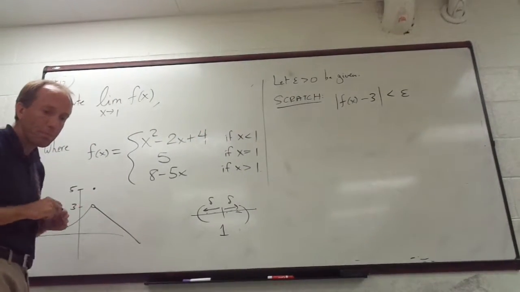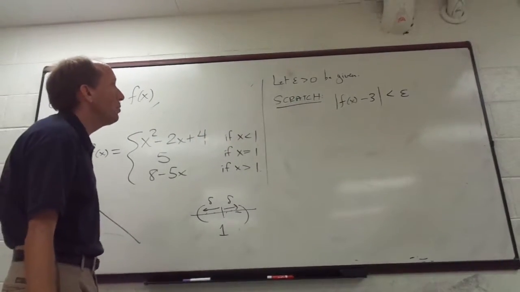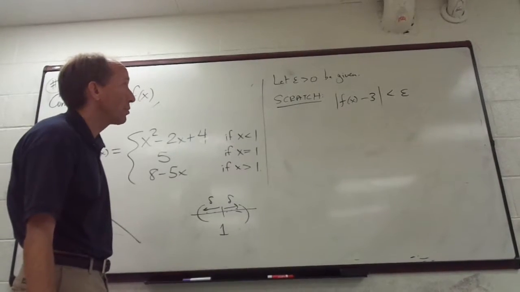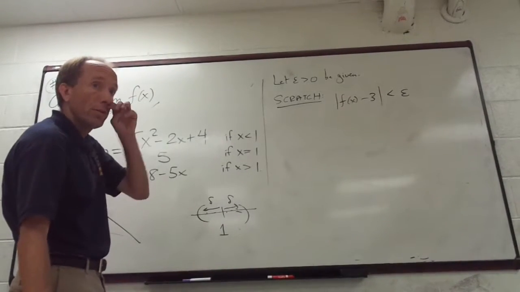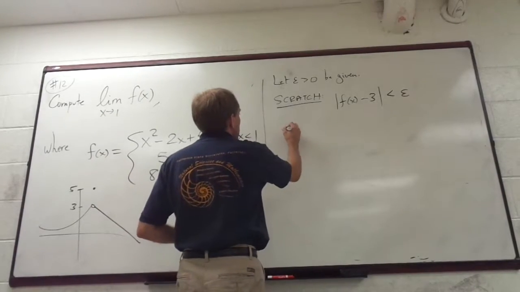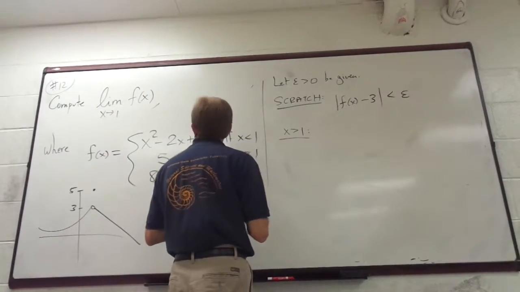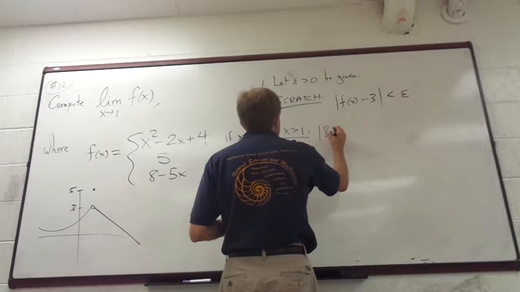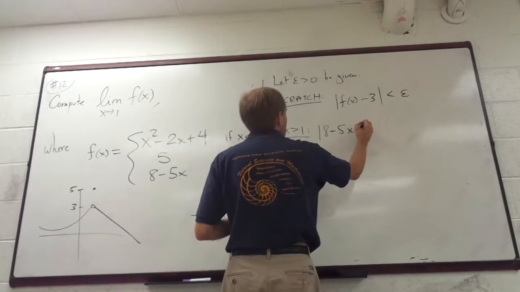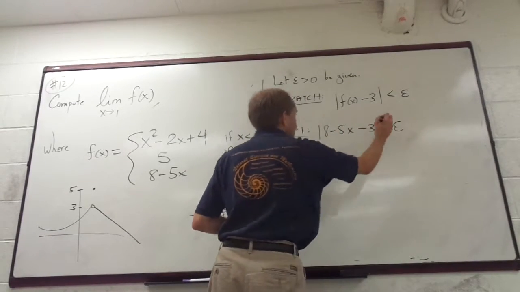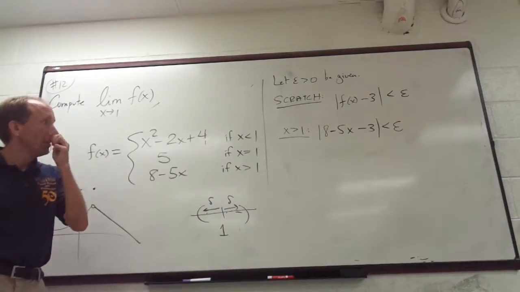Okay? Now, we can do the scratch work backwards in sort of 2 cases. So, for x greater than 1, let's just do that one first because it's easier, we have the absolute value of 8 minus 5x minus 3 less than epsilon.